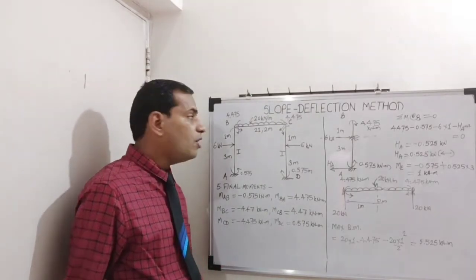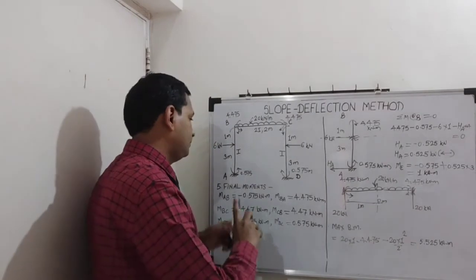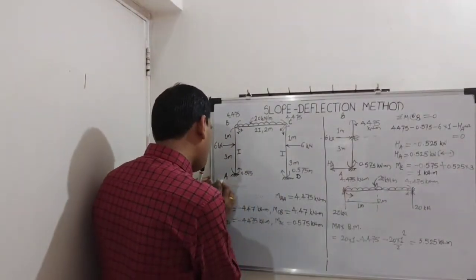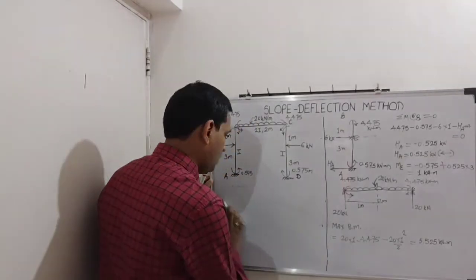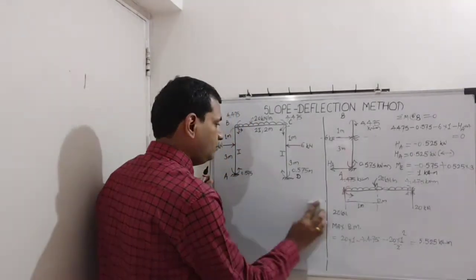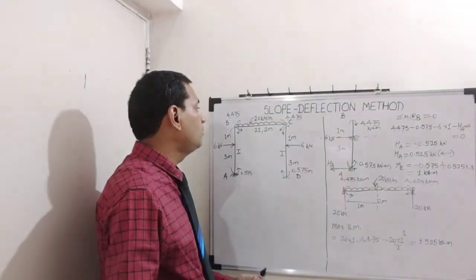So now let us draw BMD on tension side. So we will draw that BMD and then our problem will be over. Okay. So here I will draw the bending moment diagram.